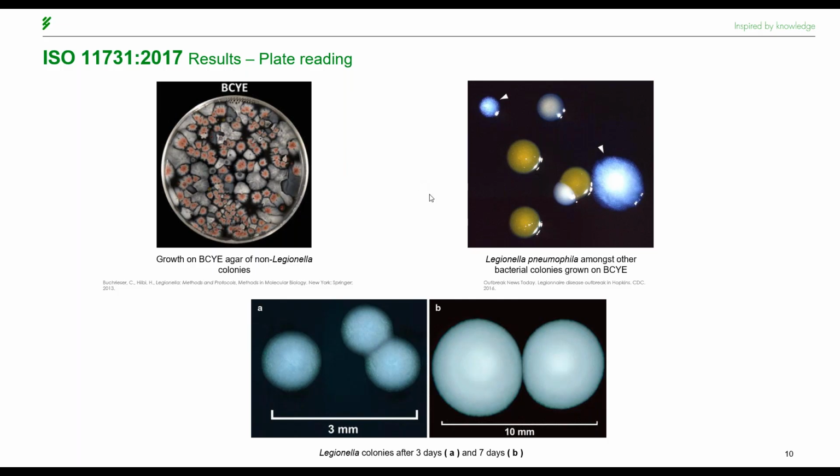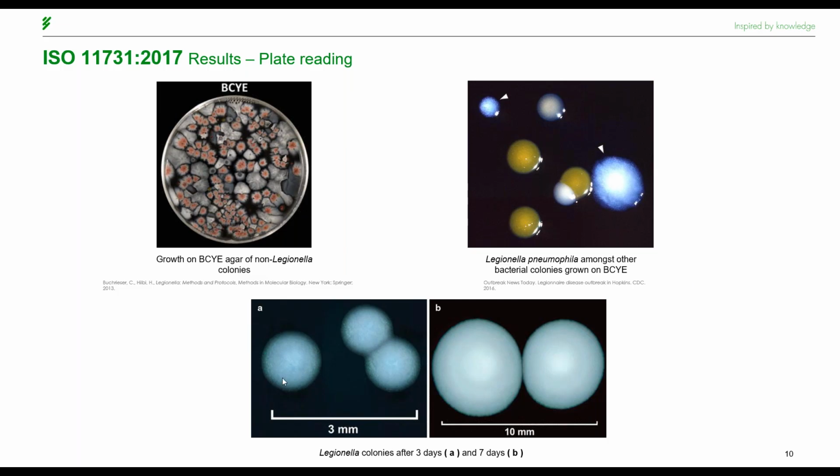In contrast, here on the right, we have another BCYE plate grown with two Legionella pneumophila bacterial colonies, the ones with the pointing arrowheads, which are this one in the upper left and this one on the right, amongst other bacterial colonies that are of no interest to us.